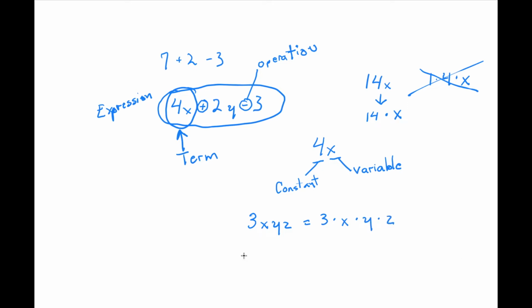If you had 23xyz, that would be translated or calculated as 23 times x times y times z. Okay, so think of these as factors, and x, y, and z, the variables, they're just unknown factors right now. We don't know what values they represent, and that's part of the purpose of an equation, is to solve to figure out what those are and to find our unknowns. Okay, so pause if you need to take notes. I'm going to clear the page.